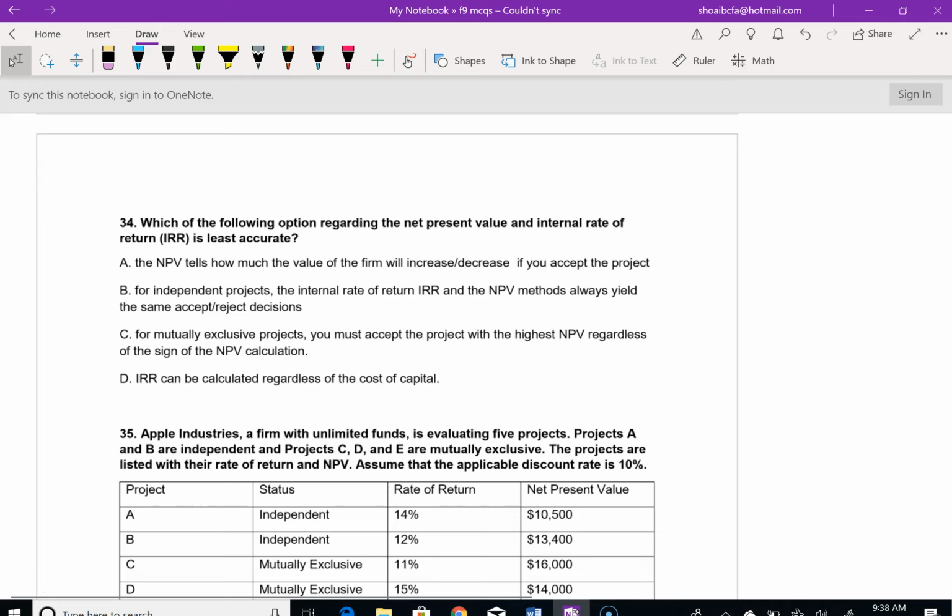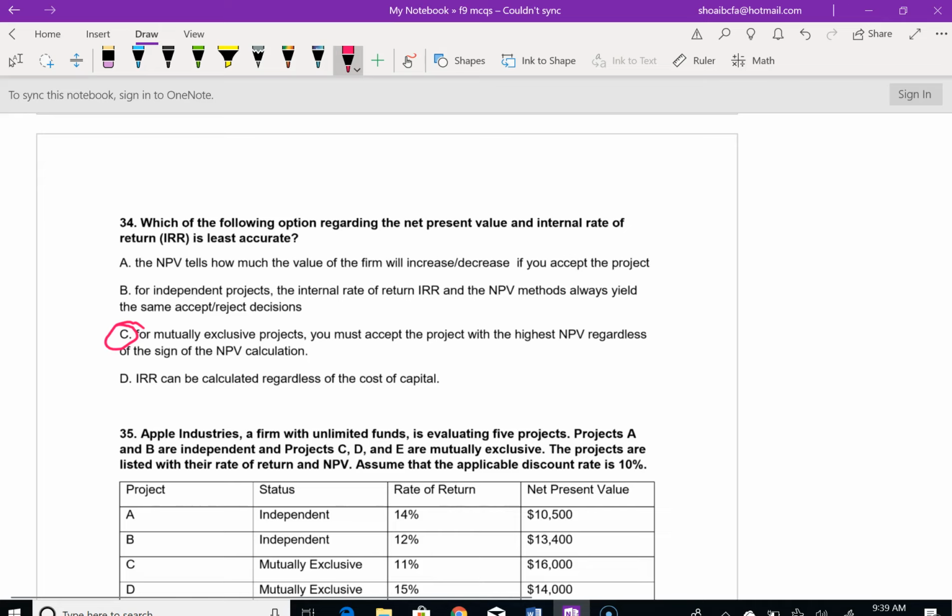For independent projects, IRR and NPV methods always yield the same. This is correct. For mutually exclusive projects, you must accept the project with the highest NPV, regardless of the size. No, this is not possible. In case of mutually exclusive projects, you will accept the project according to the NPV, but according to the positive NPV. So this is the least accurate.